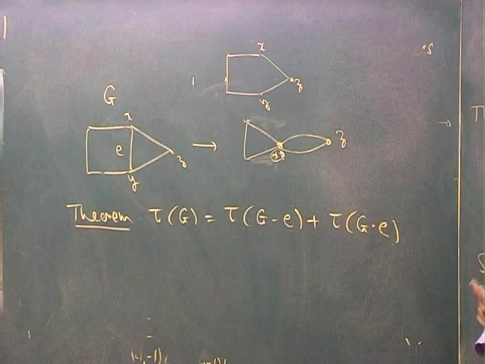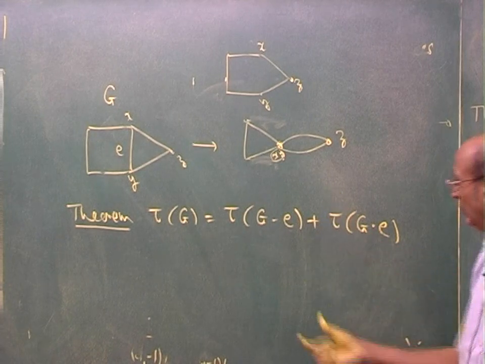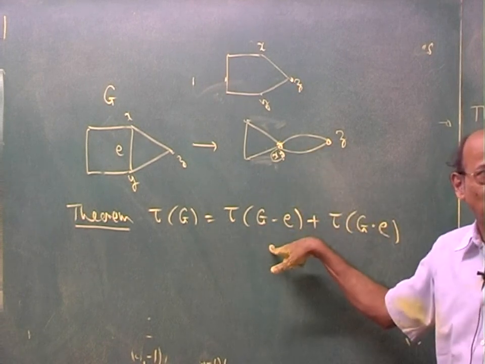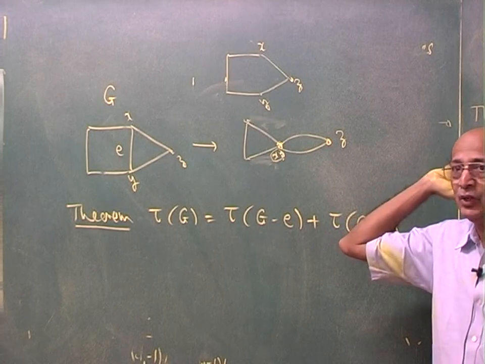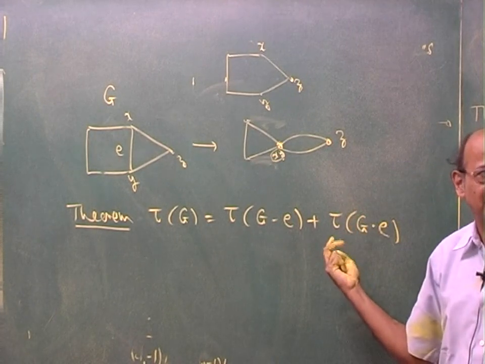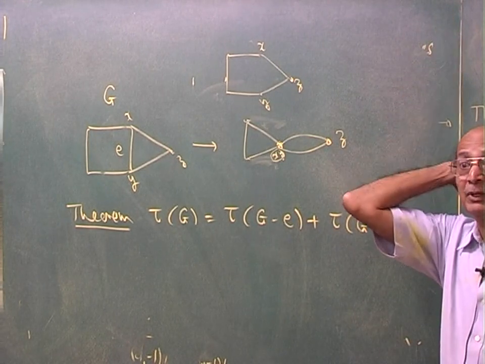What one can do is sequentially go on deleting edges that way. So to find the number of spanning trees here, I choose another edge in this, and so I apply this formula recursively. Unfortunately, it is not as easy as it appears to be. If your graph has as many as 100 edges, then you will have to apply this 100 times. And it will be quite messy.